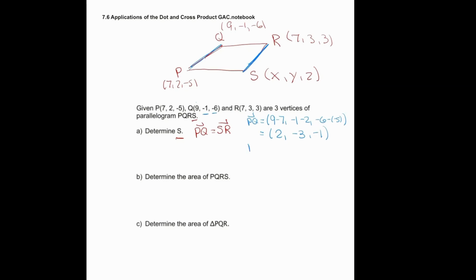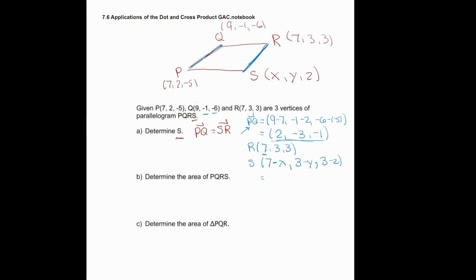So if PQ is equal to 2, -3, -1, and we know that point R is 7, 3, 3, working backwards from what we just did, then we know that S must be our R value minus the X value, 3 minus the Y value, and 3 minus the Z value. Well, we know that they are going to be equal to this PQ value.